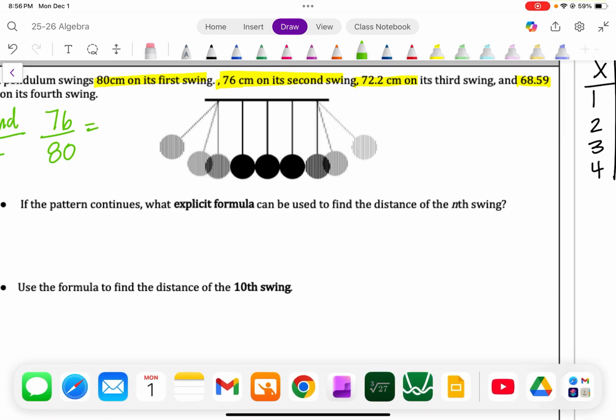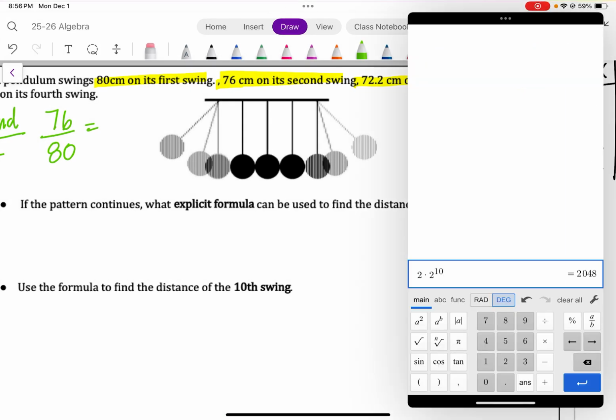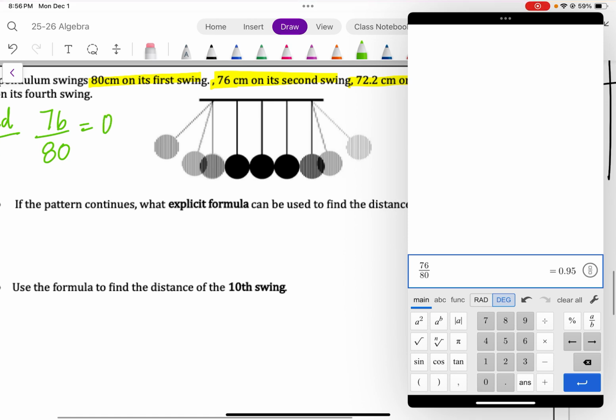So 76 out of 80. And when we get that, we're getting 0.95. So that means we're taking that first swing and multiplying it by 0.95. So it's getting smaller. If that were a fraction, it would be 19/20ths. But we'll go ahead and use the decimal 0.95.